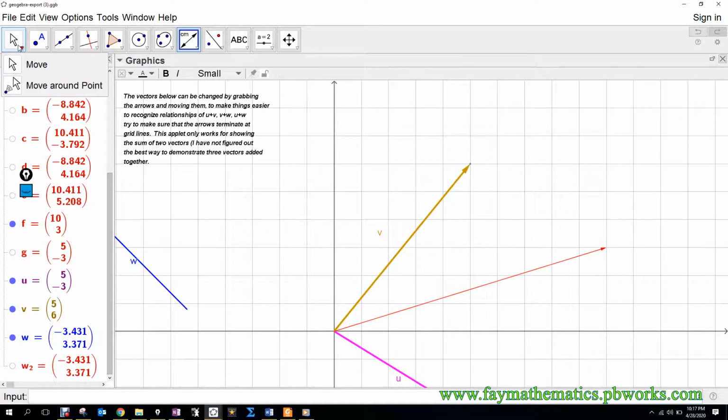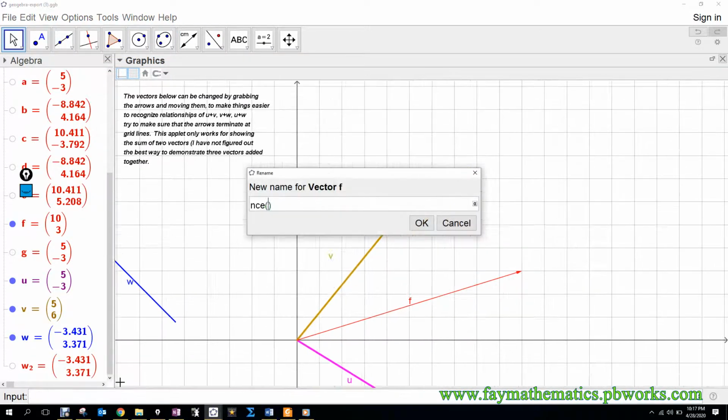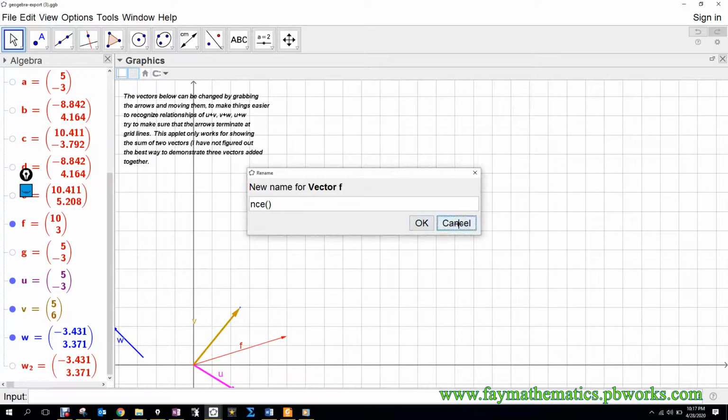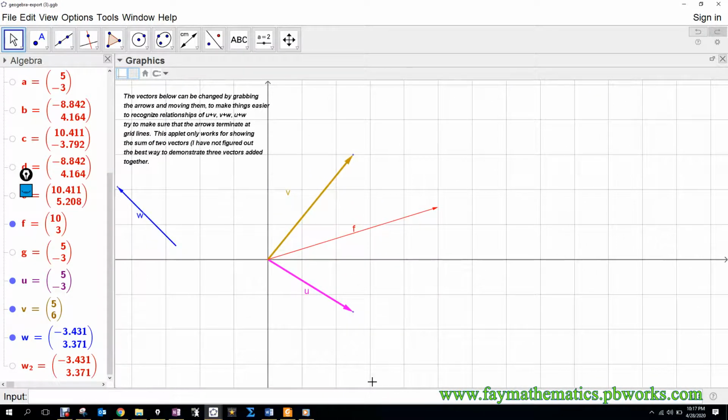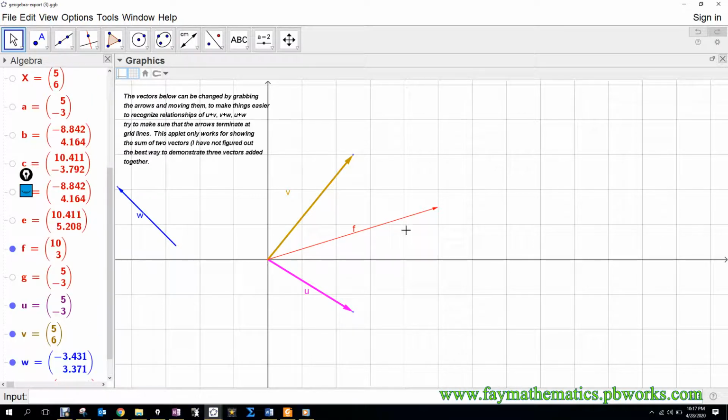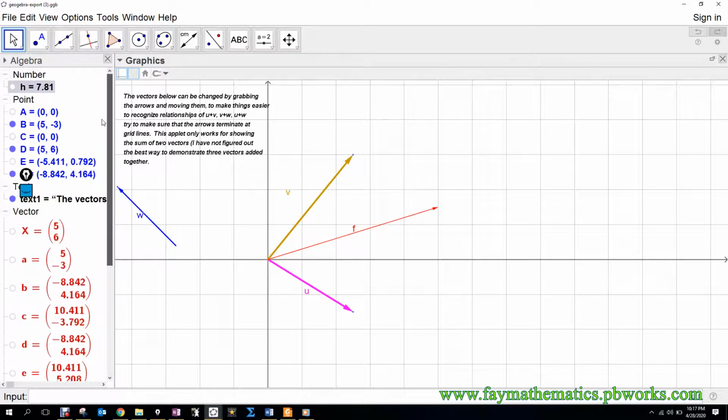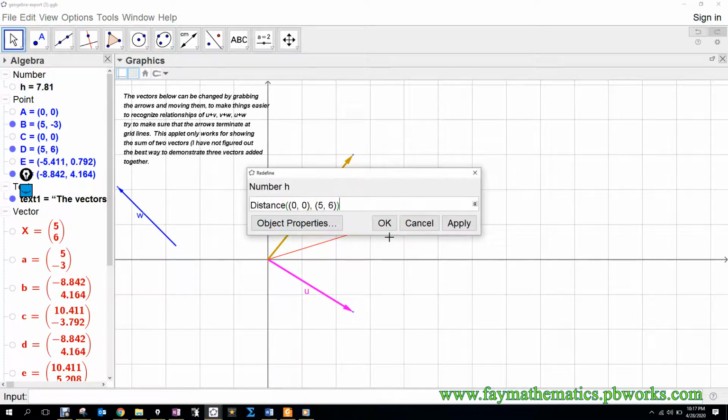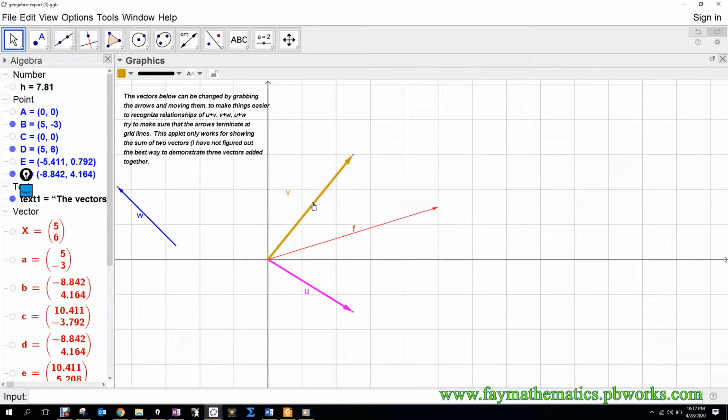So maybe I can do this distance. Okay, so that length right there is 7.81.